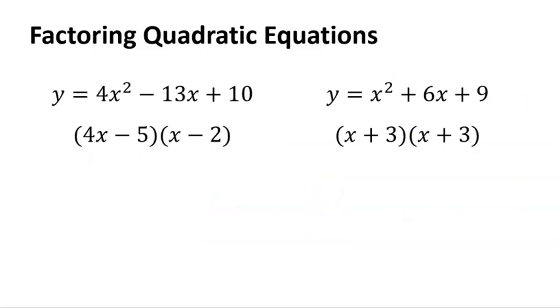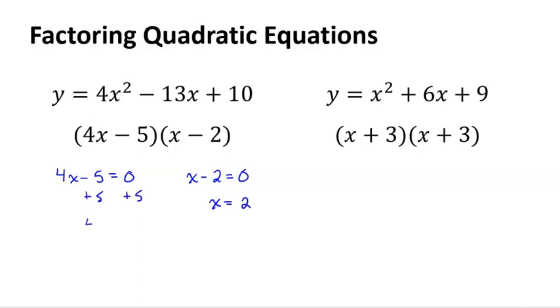When we factored quadratic equations, we also ended up with some answers that looked like this. With those other ones that were really simple, you were really just changing the sign of what you saw in the parentheses. But in this case, we would have 4x minus 5 equals 0, and then x minus 2 equals 0. So I know this one would be positive 2, but with this one I would have to do a little bit more work.